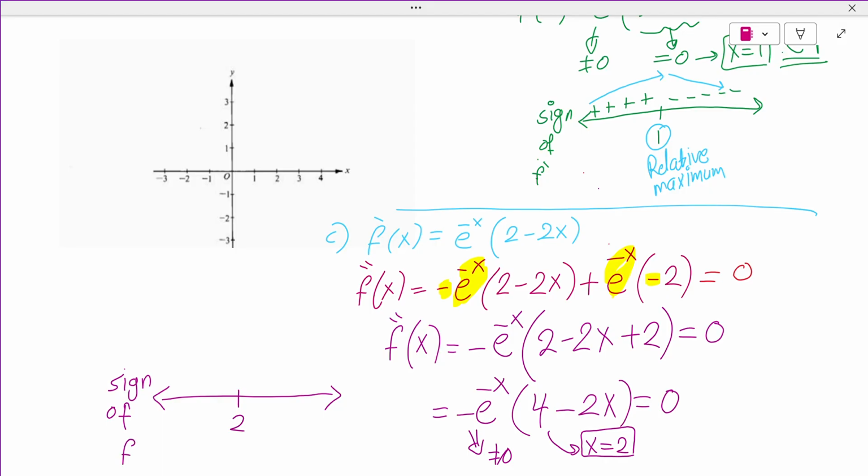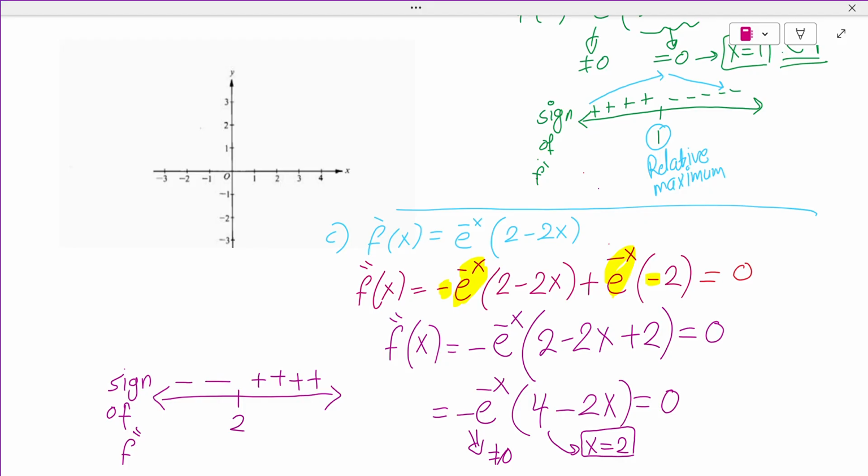f double prime. If you choose a number bigger than 2, like 3, and substitute that 3 into f double prime of x, it will be positive. If you choose 0, for example, that would be negative.